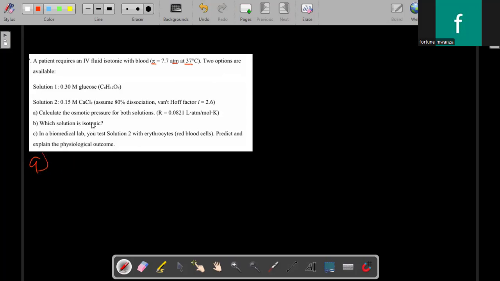Then you have part A, which is saying calculate the osmolarity or the osmotic pressure. So we have to calculate the osmotic pressure for both solutions. Let's start with solution 1.